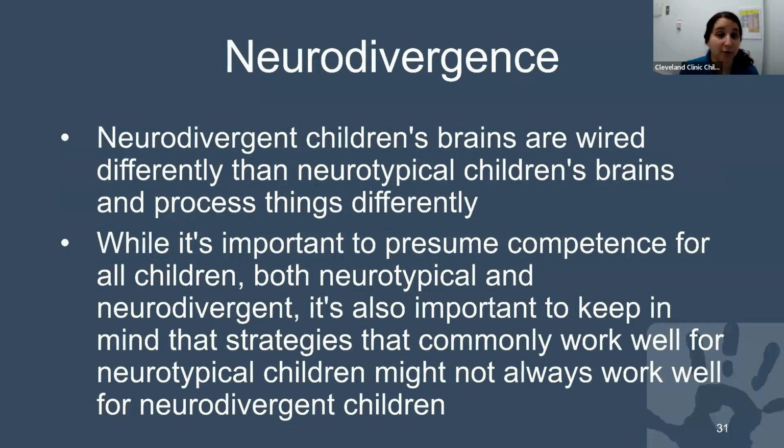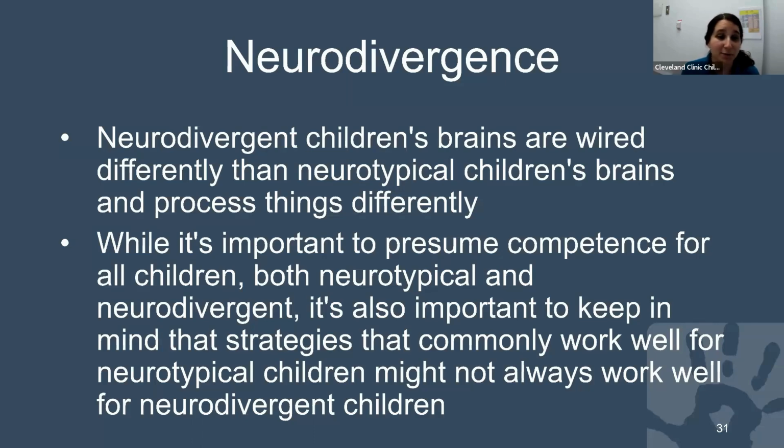Neurodivergence, on the other hand, refers to children whose brains are wired differently and therefore process things differently compared to what is considered to be the norm or typical of other children. Something to keep in mind is that it is important to always assume that a kid is able to do something, whether they're neurotypical or neurodivergent.